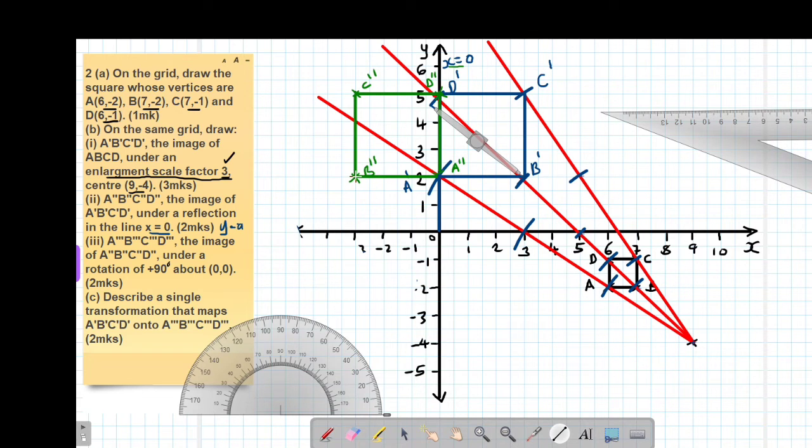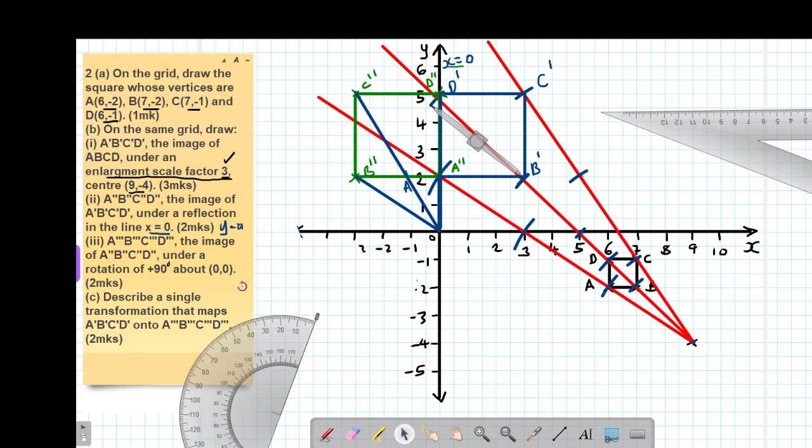Then point B, I also connect it to the center of rotation, the point 0, 0. Then point C should also be connected to the center of rotation. Then point D must also be connected to the center of rotation, as shown. Of course, it is a rotation in the positive direction, or the anti-clockwise direction.